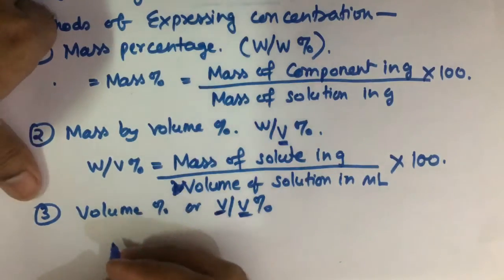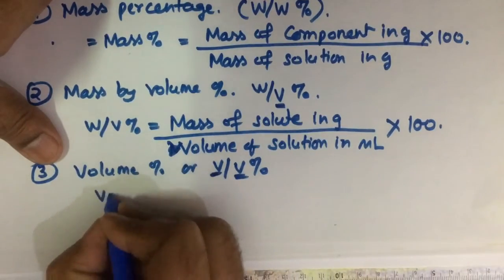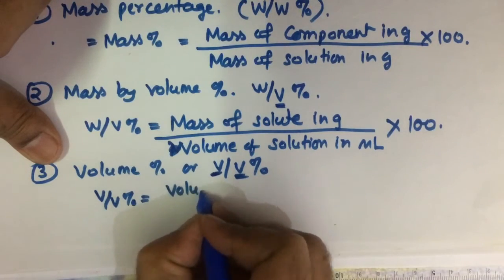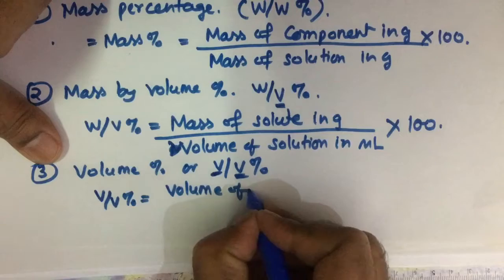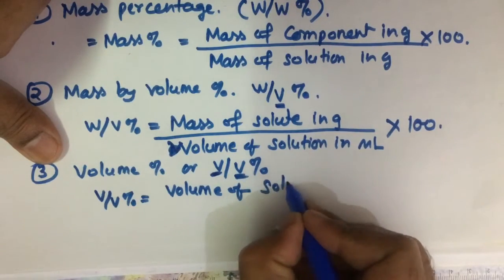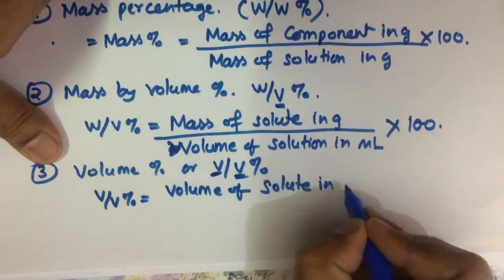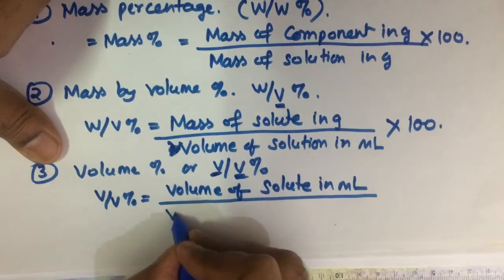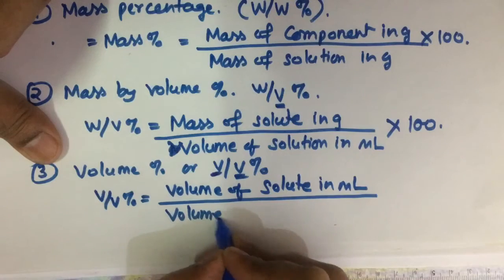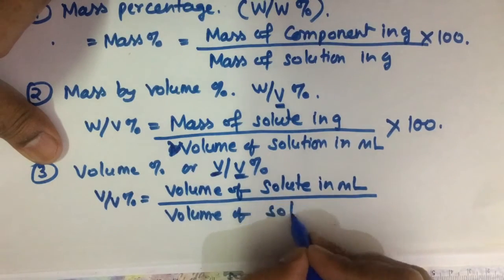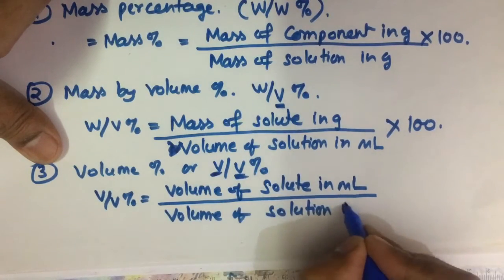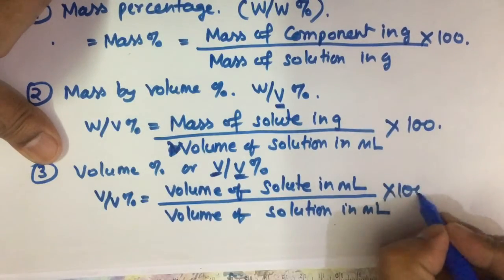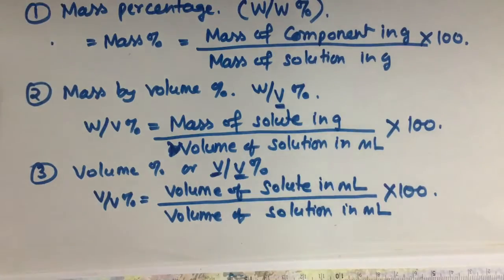So V by V percent is the volume of solute in ml divided by volume of solution in milliliters multiplied by 100.